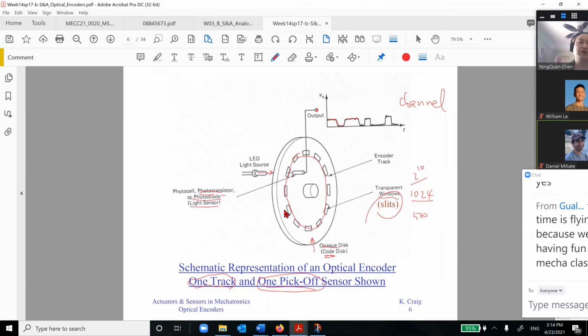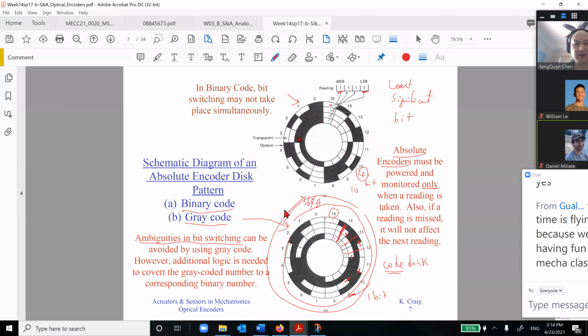If I put the dark black one as not transparent, the white one is transparent, okay? I put this, this is called a coded disk. For each of these is called a segment, okay?